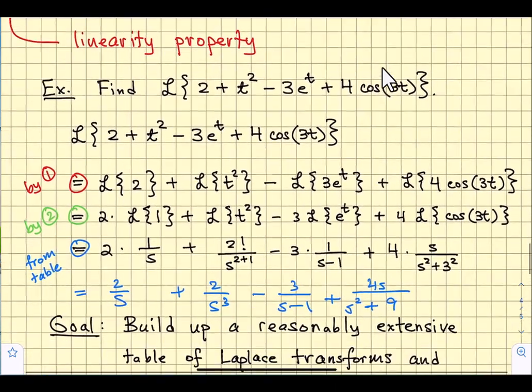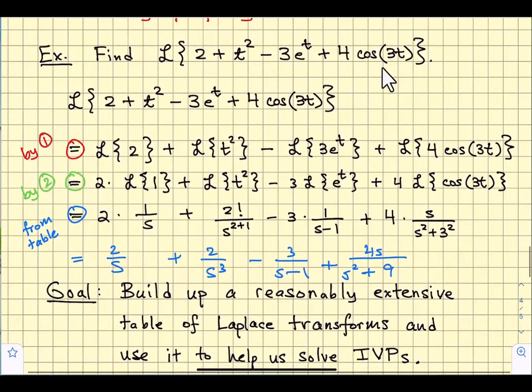So notice that now we can use the linearity property to find the Laplace transform of much more complicated functions. I mean, we could do this by the definition, but this is going to be very complicated. This is a function that involves a square, an exponential, and a cosine. So instead of working hard, let's work smart.